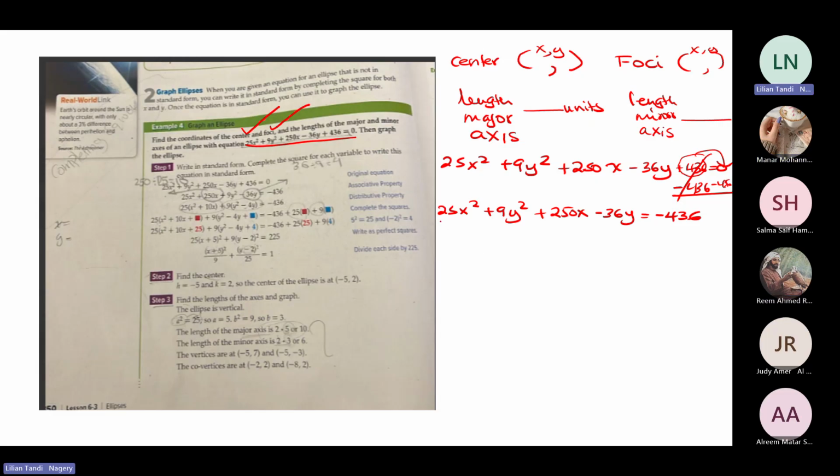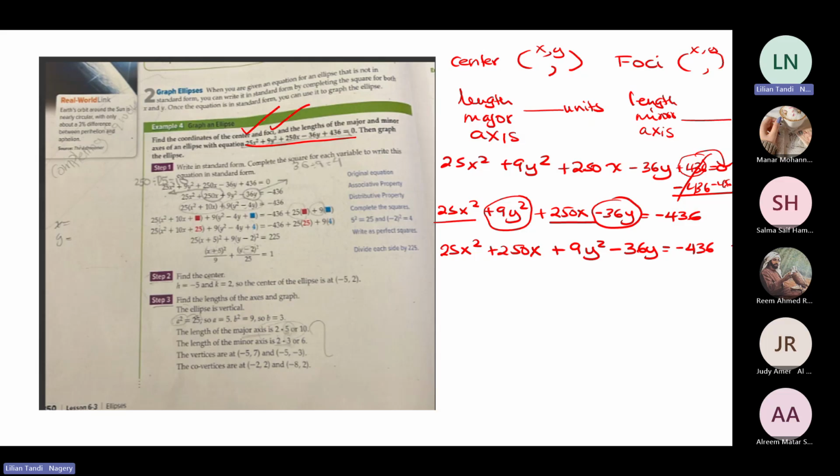Put friends together. X's are friends. Y's are friends. 25x squared plus 250x plus 9y squared minus 36y equals negative 436.